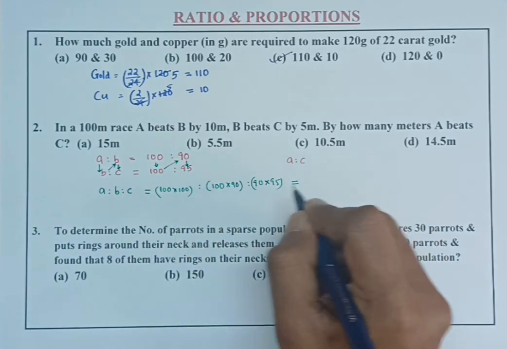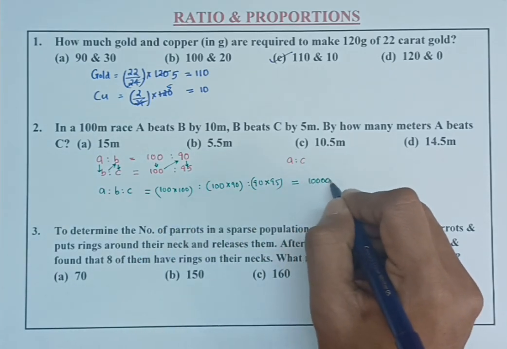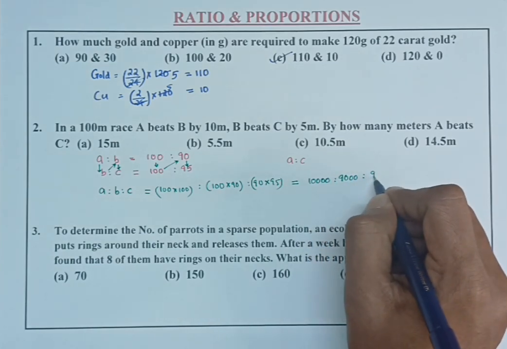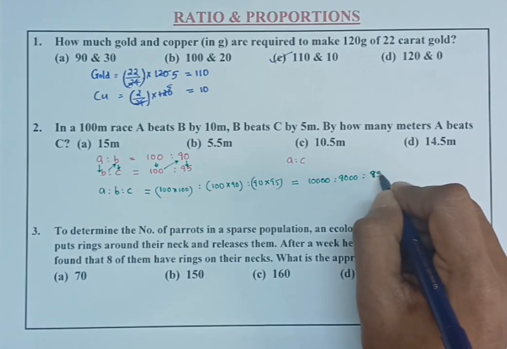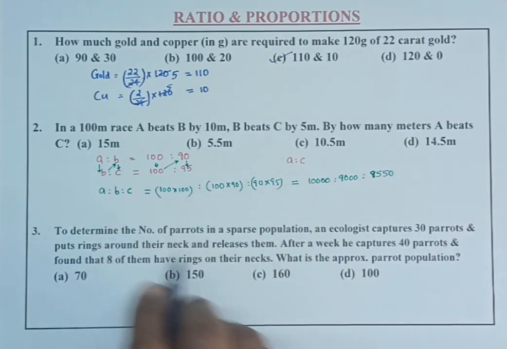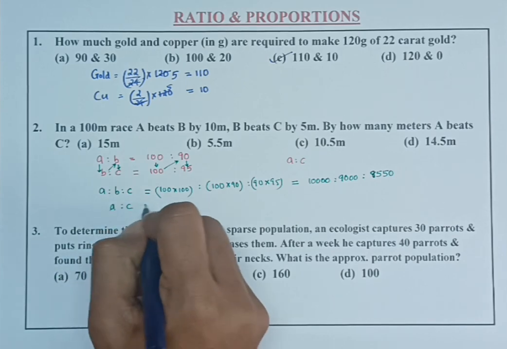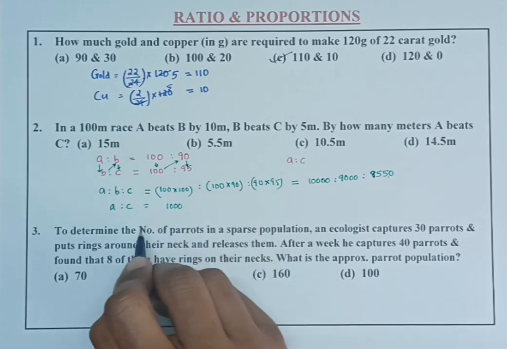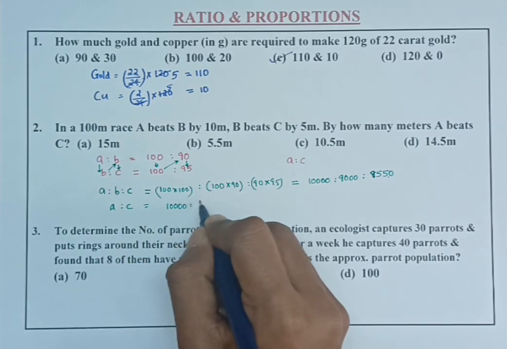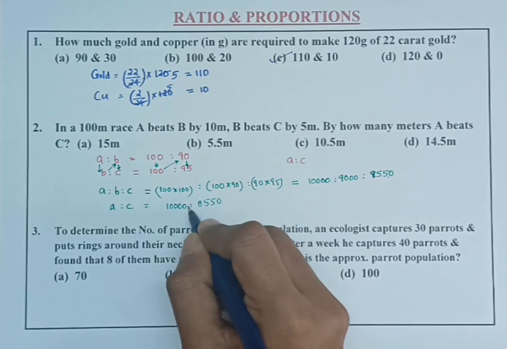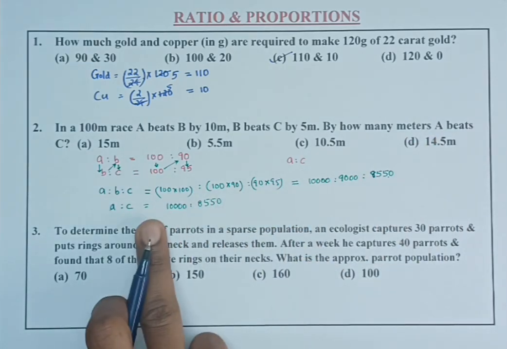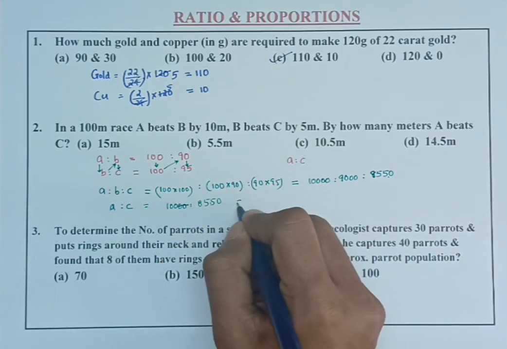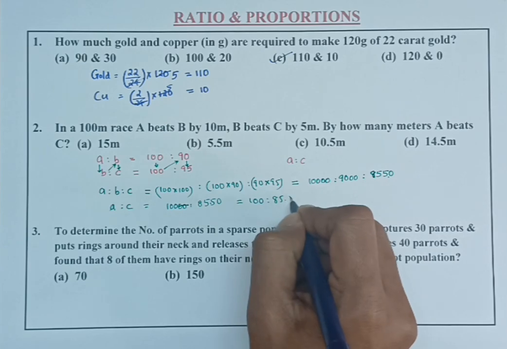So this will be equal to 10,000 is to 9000 is to 8550, and A is to C is the ratio of the first and the last, 10,000 is to 8550. In this race A covers 100 meters only, so we take 100, then the ratio will be 100 is to 85.5.